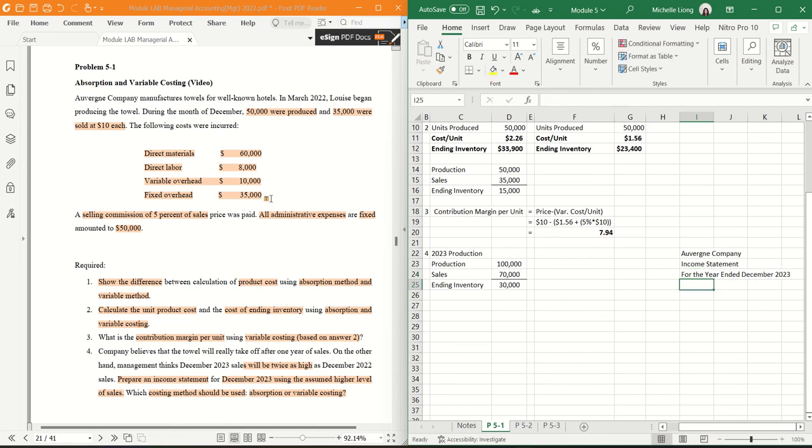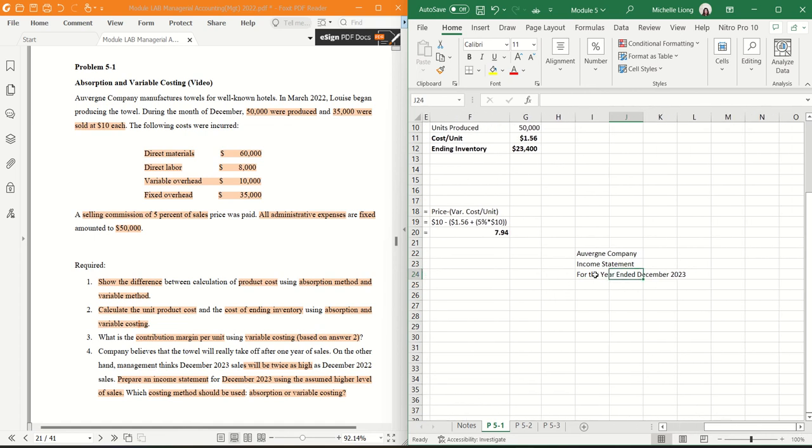Remember. Okay. And then the first one is we have absorption. And right here we have variable.